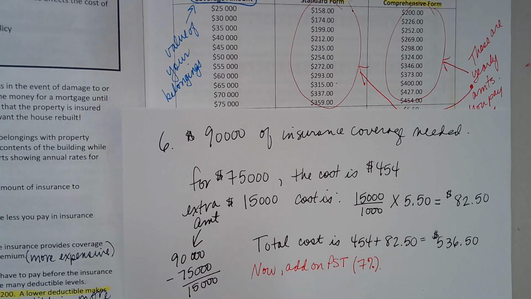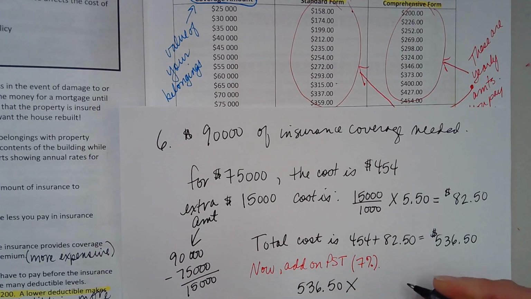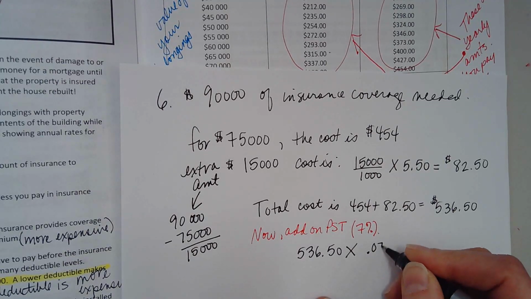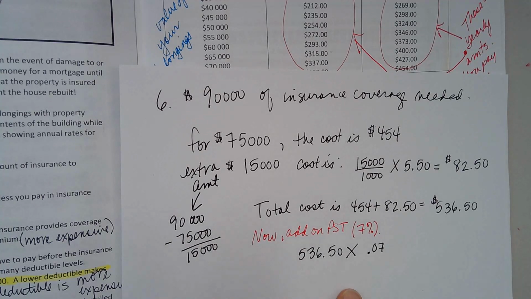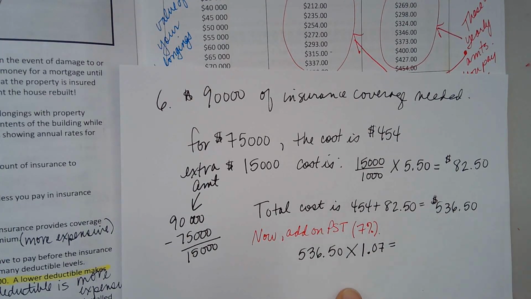Okay, so this is really easy. I just take my 536.50 and multiply by, and I'm going to explain this one more time. If I just multiply by 0.07, I'll get my amount of tax, and then I have to add it back on. If I add the 1 here, it does the adding on for me, so I get my final answer right away.